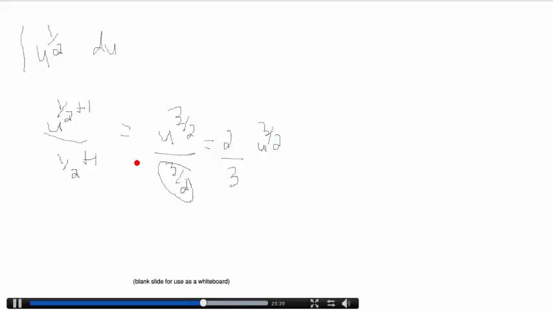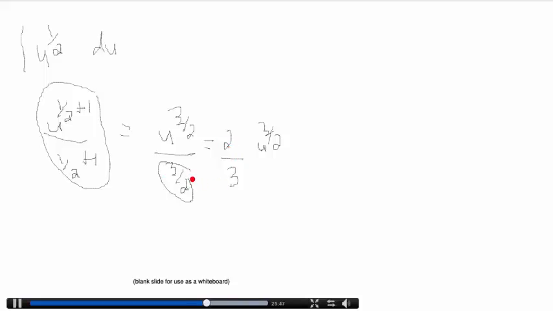So from here we got this: u to the power 3 upon 2 divided by 3 upon 2, and since it's 1 upon 3 upon 2, you can rearrange that to 2 upon 3.